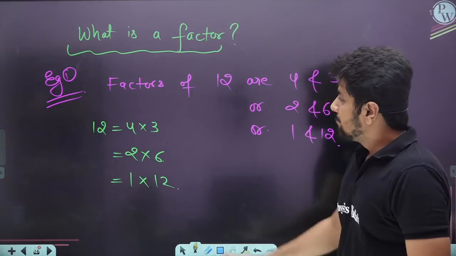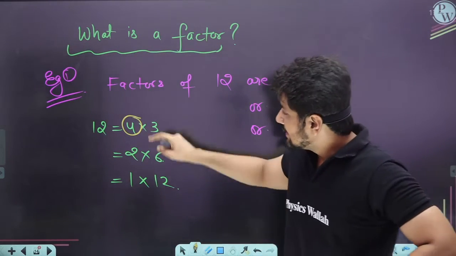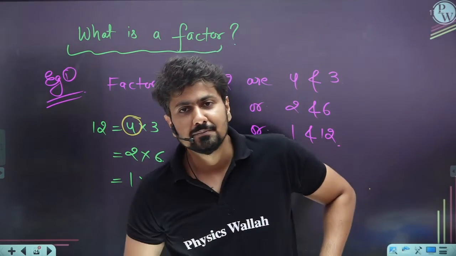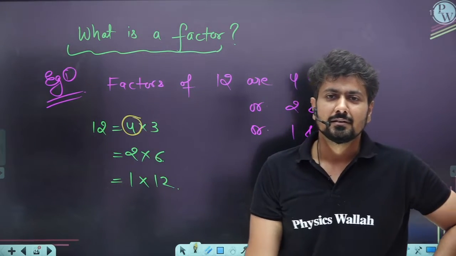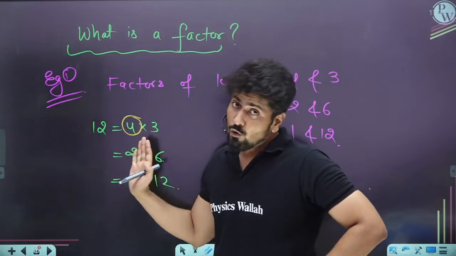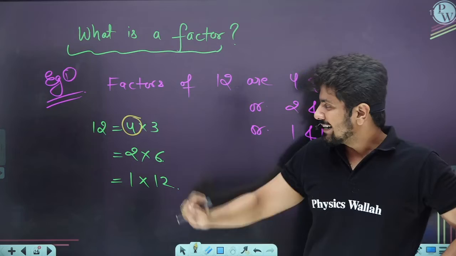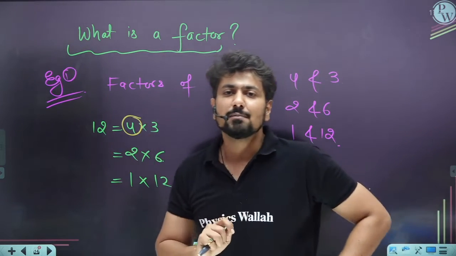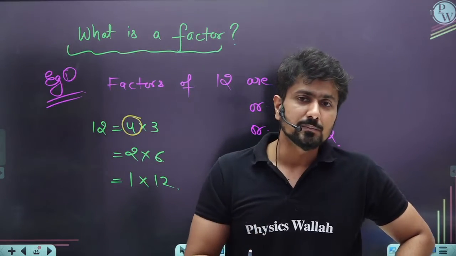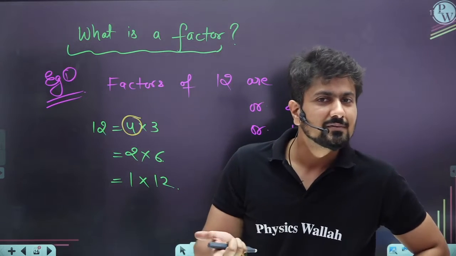Now, if I say 4 is a factor of 12, it means that 12 is exactly divisible by 4. In other terms, if I divide 12 by 4, the remainder is 0, right?